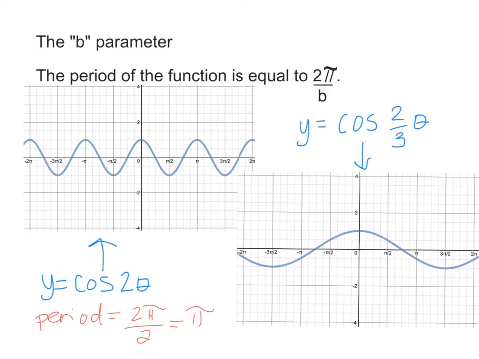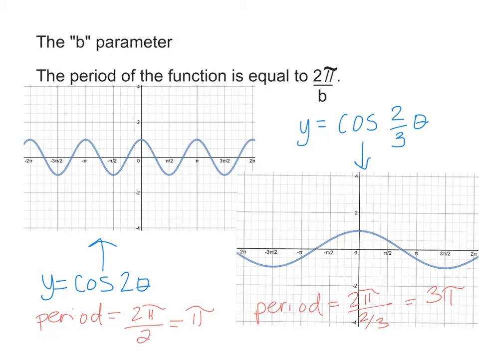So for the next one there, cosine of 2/3 theta, what's the period going to be? Let's see. Period equals 2 pi divided by 2/3, which is equal to, what's that equal to? 3 pi.